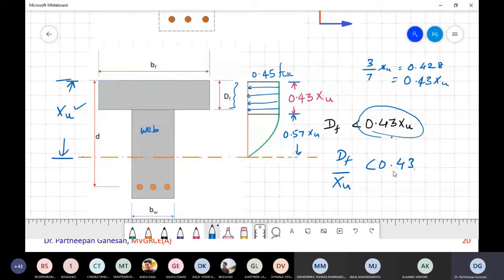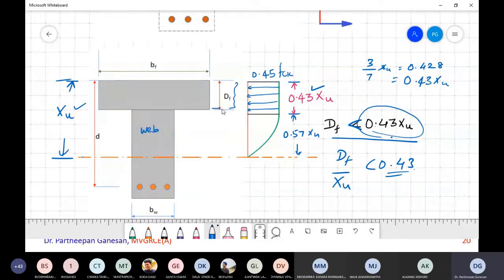Now what is your case? Df by Xu is less than 0.43, or you can also say Df is less than 0.43 Xu. Now my 0.43 Xu is this uniform, rectangular distribution of stress. This 0.43 Xu is greater than Df. This is my Df.